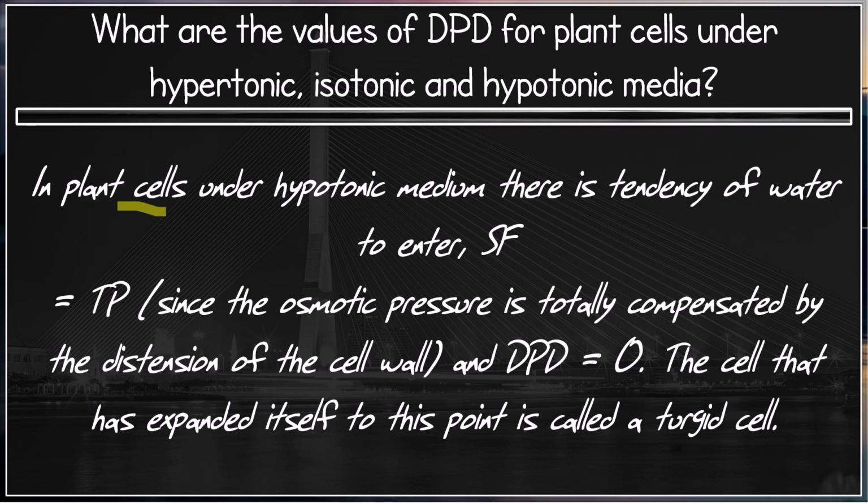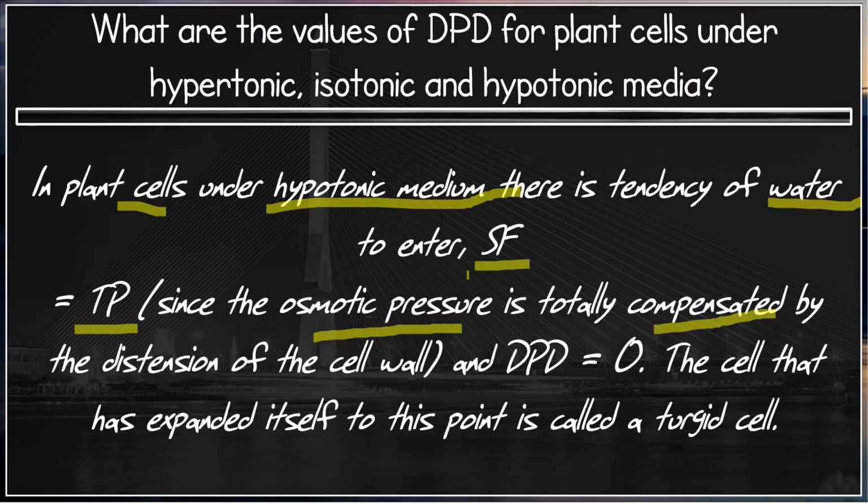In plant cells under hypotonic medium, there is a tendency of the water to enter, meaning SF is equal to TP, since osmotic pressure is totally compensated by distension of the cell wall, and DPD is equal to 0. The cell that has expanded itself to this point is called a turgid cell.